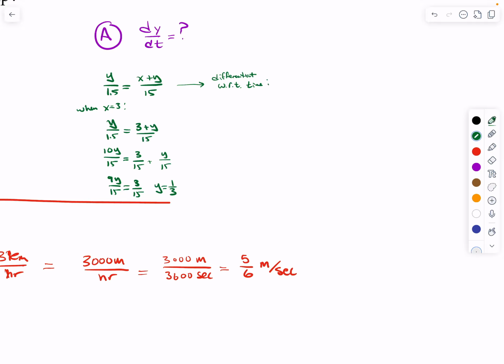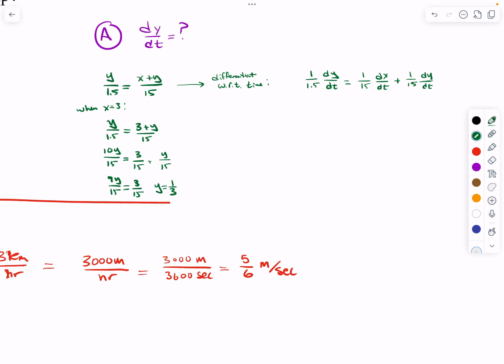And I get 1 over 1.5 dy over dt is equal to 1 over 15 dx over dt plus 1 over 15 dy over dt. So this is a straightforward relationship. Let me just clean things up. What are we looking for? We're looking for dy over dt.